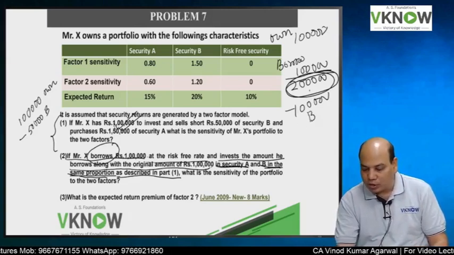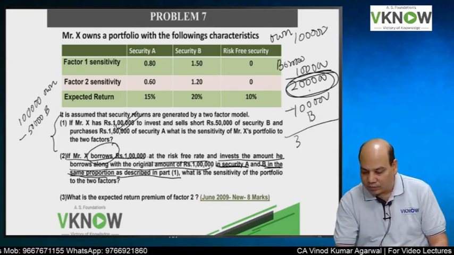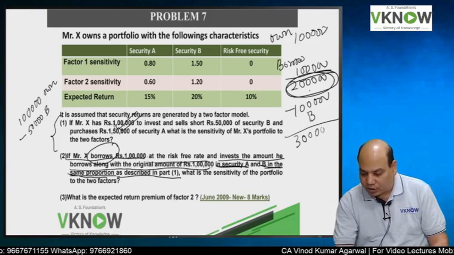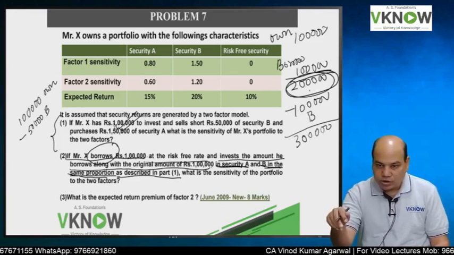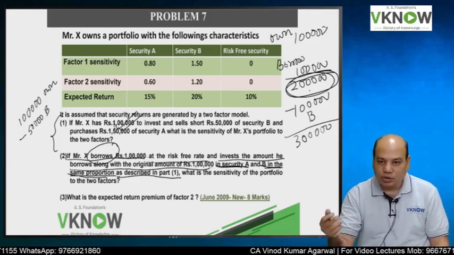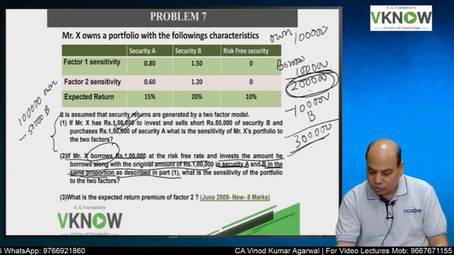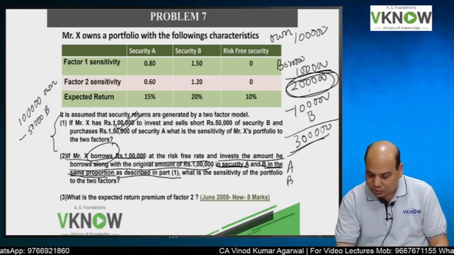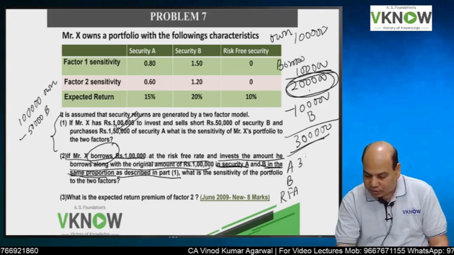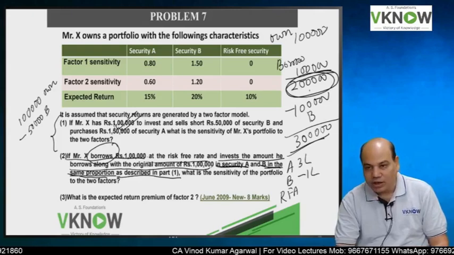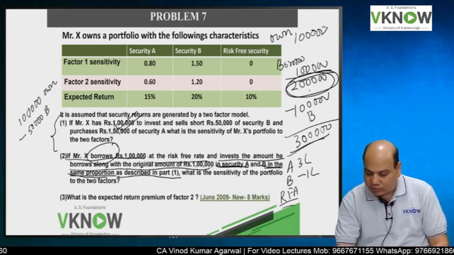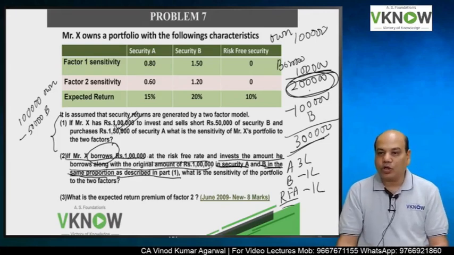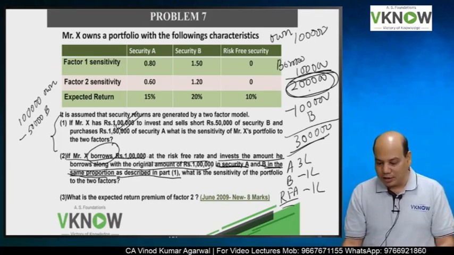So total amount you will have now 3 lakh. By selling B, short selling, you will get funds equal to 1 lakh. So 3 lakh. So my investment would be now in 3 items. A will be 3 lakh, B will be minus 1 lakh, and risk free asset, that is borrowing, will be 1 lakh negative.